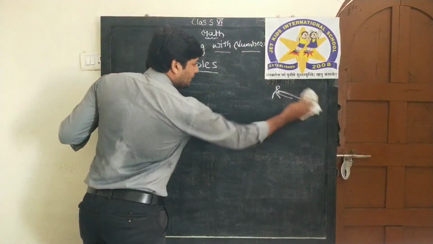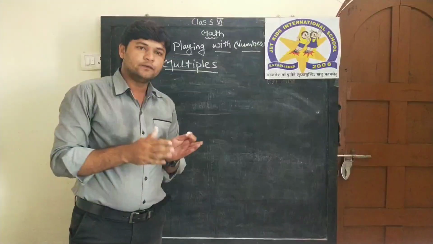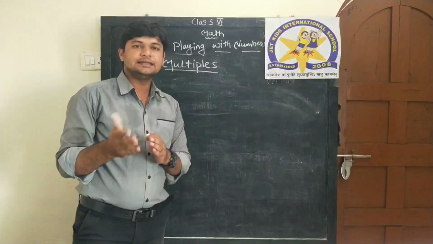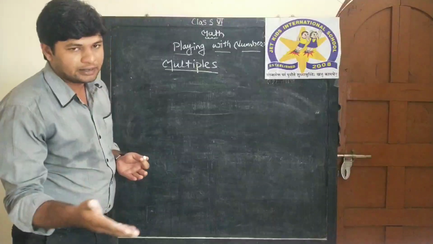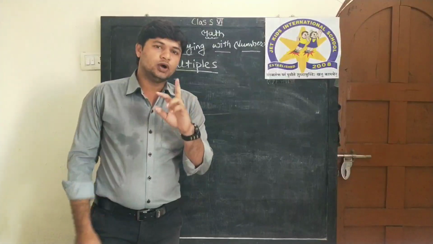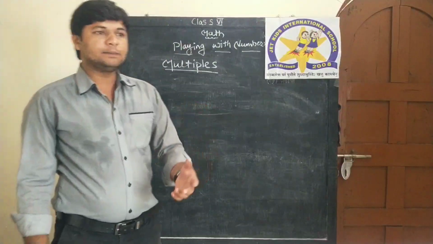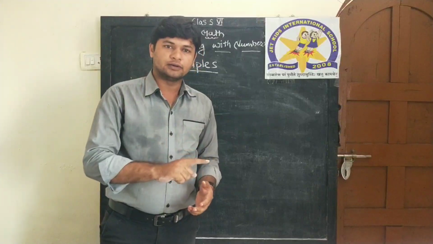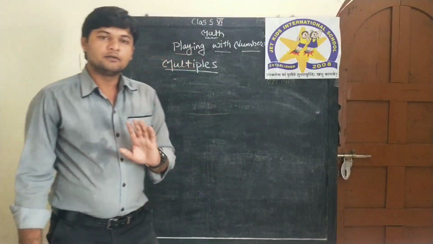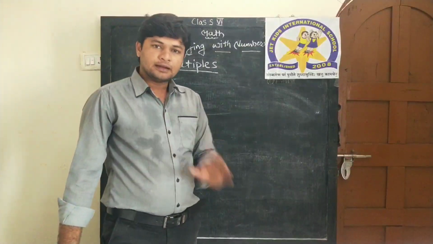When you practice, you will get used to it, and you will be able to easily compare what is meant by multiple and what is meant by factor. You should know the one major difference: factors will always be smaller than or equal to the number, and multiples will always be greater.